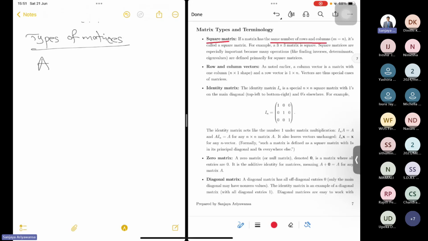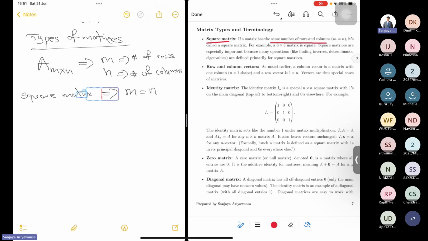So we said a matrix in general is m by n, where m is the number of rows and n is the number of columns. So in a square matrix, you would have m equal to n.